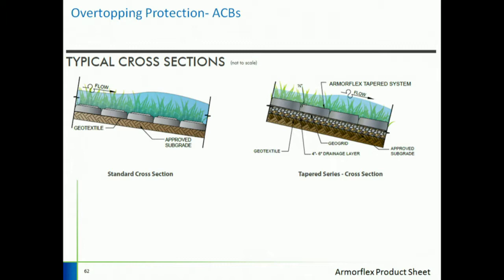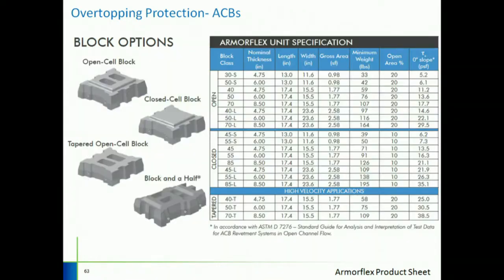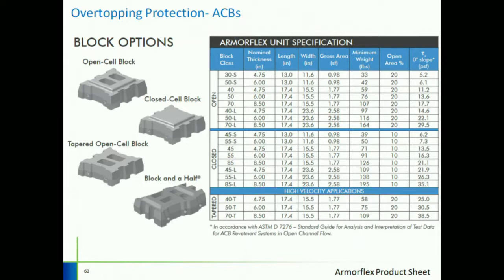This can sustain higher velocities and shear stresses. A design chart here for an open cell block, closed cell block, different types of ACBs, and you take a look at the shear stress requirement from your design right here on this column, and you can choose the right ACB type.